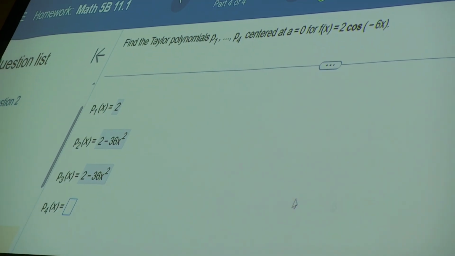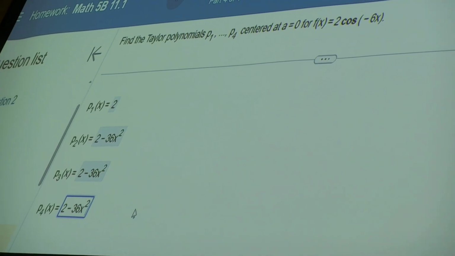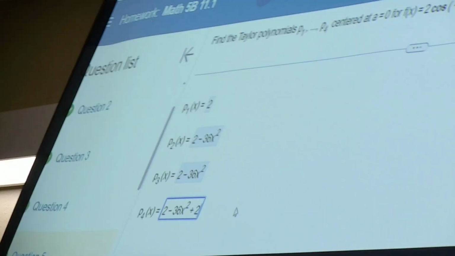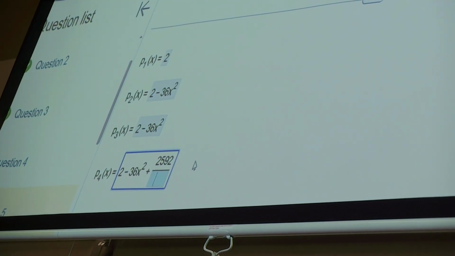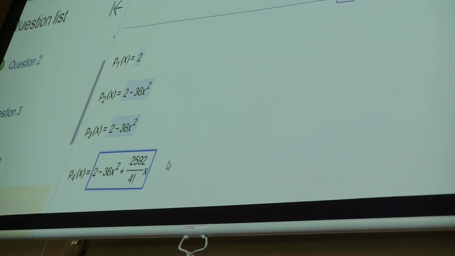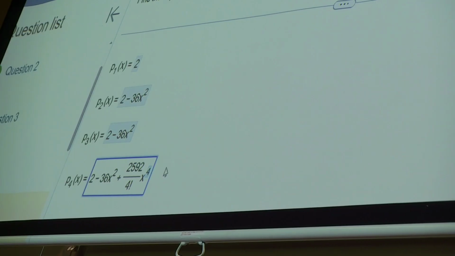Now P4, let's paste this again. And now add the fourth degree, 2592 over 4 factorial x to the 4th. There you go.